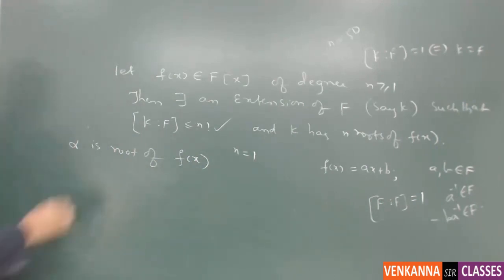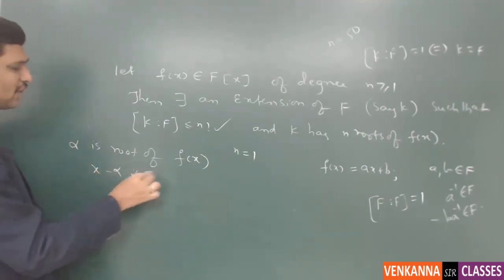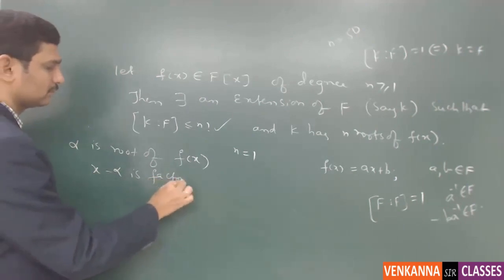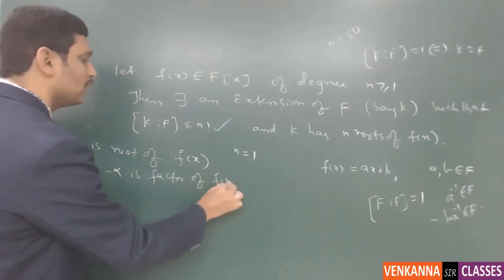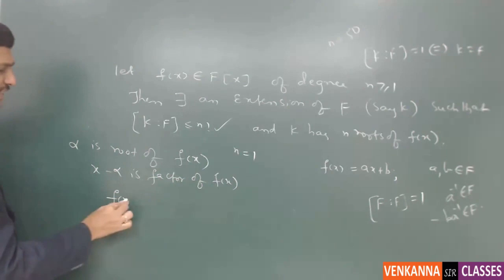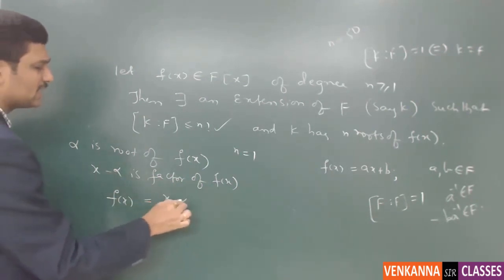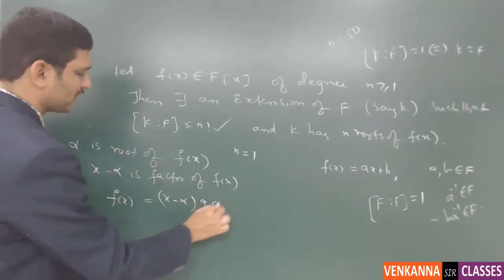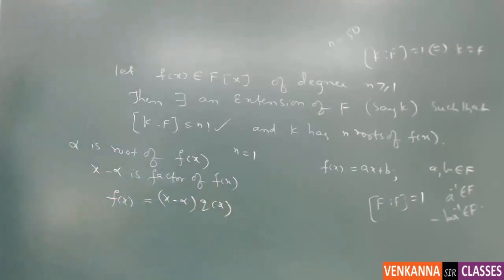Now what happens? X minus alpha is a factor of f of x. So you can write f of x equal to x minus alpha times some other polynomial, say q of x. Accepted?